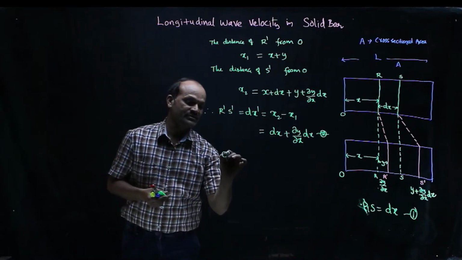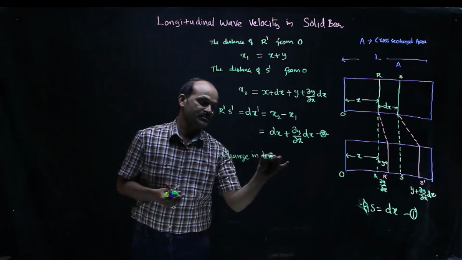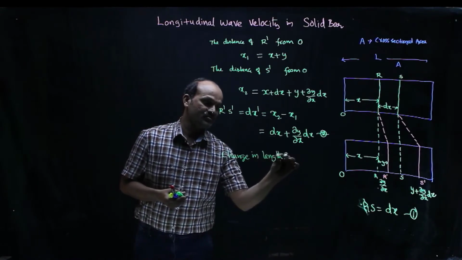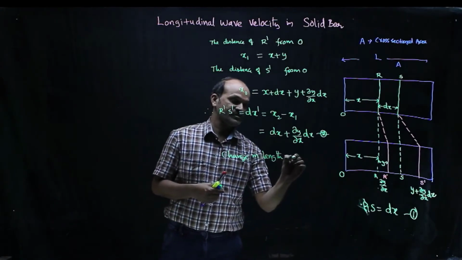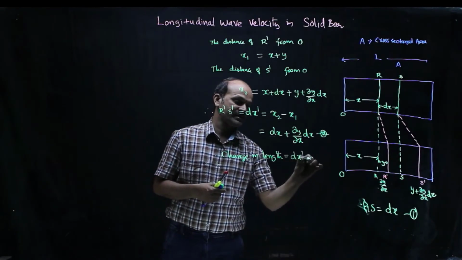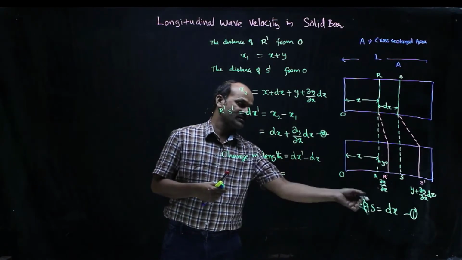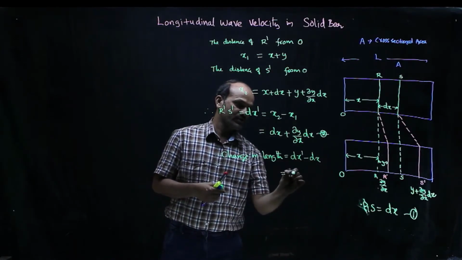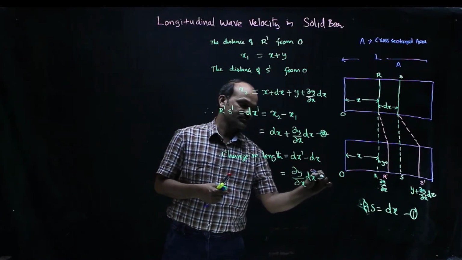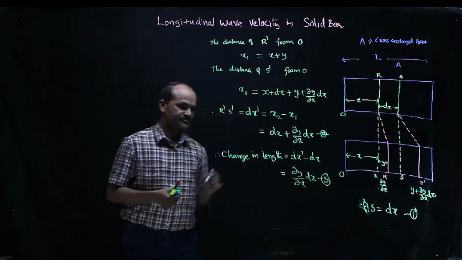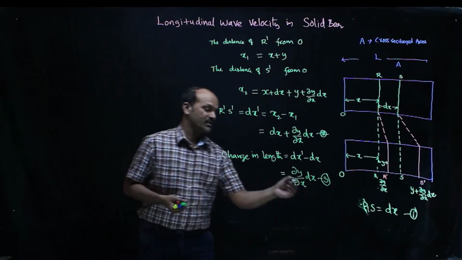Therefore, the change in length of that small element occurs because of propagation of the wave. So this is dx dash minus dx. So dx dash is dx plus dou y by dou x into dx minus dx. So here we get dou y by dou x into dx. Equation 2. We got the change in length, and this is the original length.